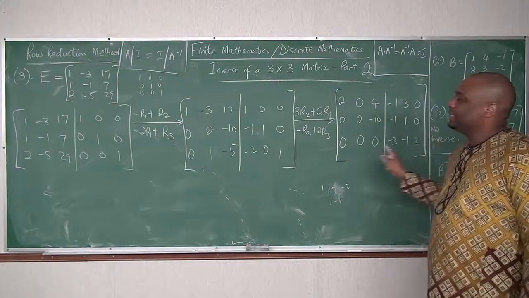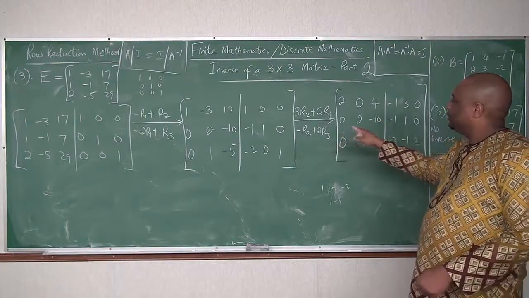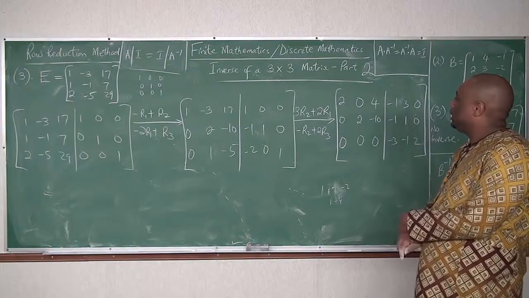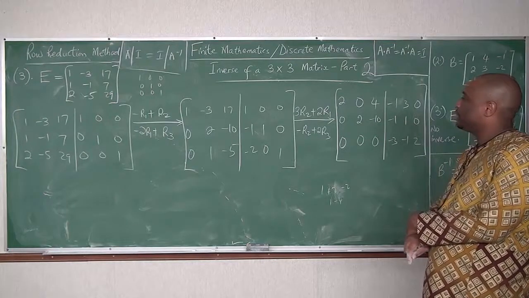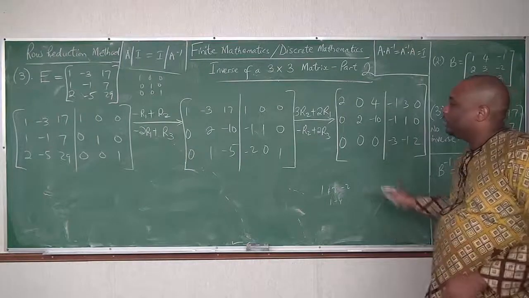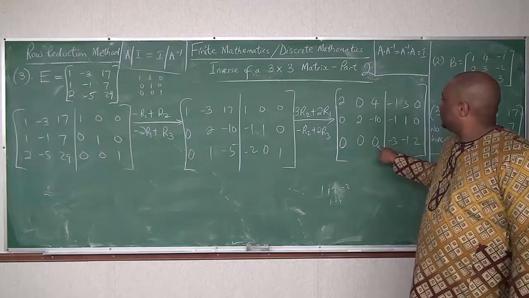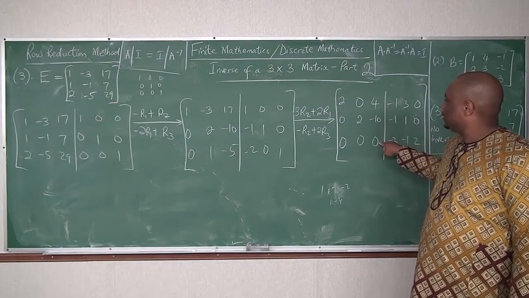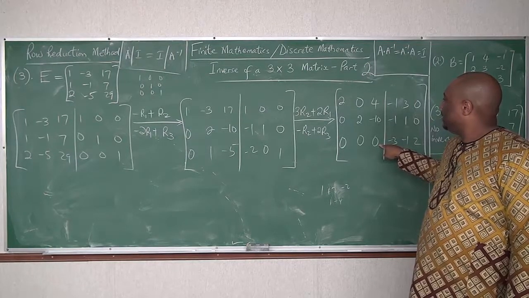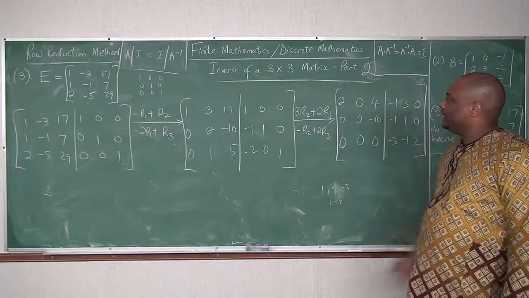Okay, there is a problem here. Let's double check. Negative 1 plus negative 1, and then 0 plus 2 times 1, 2. Okay. 1 plus 1 minus 4 is negative 3. Okay, folks, you see, there's a problem here. Even if we interchange this, it's going to be a problem.